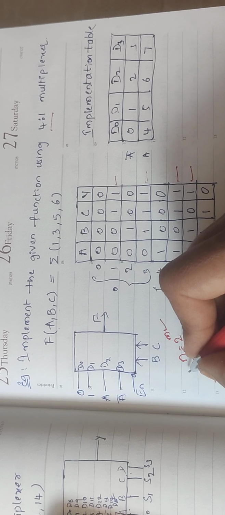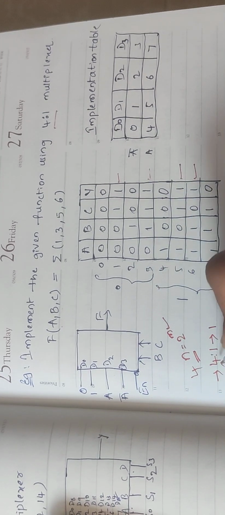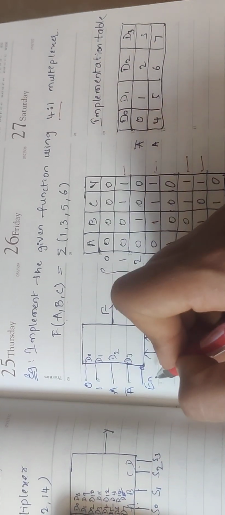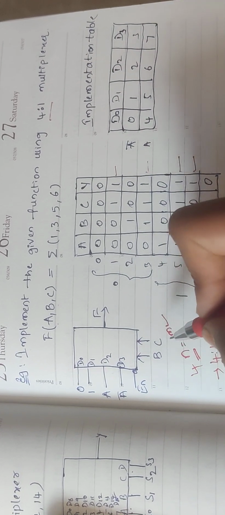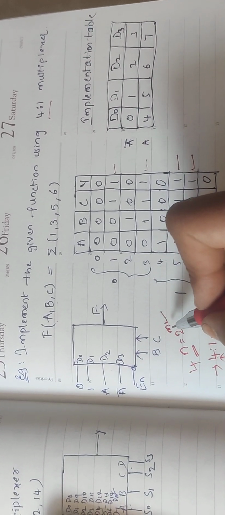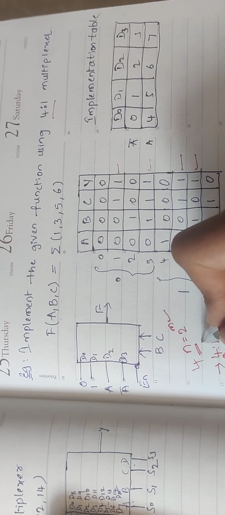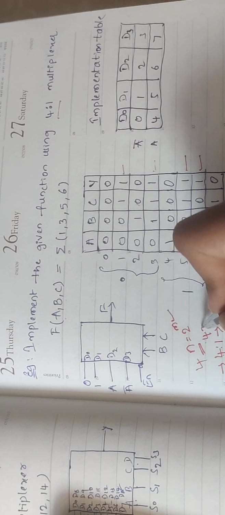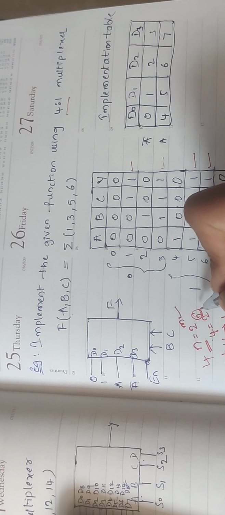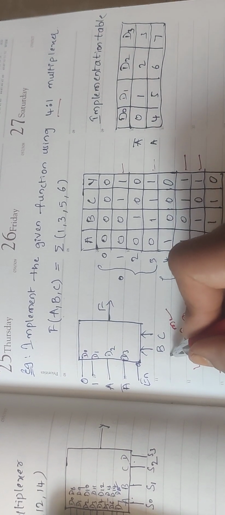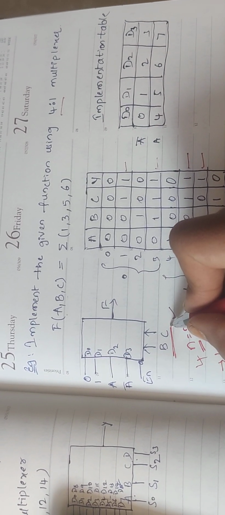It means that we need 4 input lines. For that 4 input lines, how many selected lines we need to get? According to that, 4 input lines means 2 to the power of 2, so the value of m will be 2. It means that the number of the selected lines will be 2.